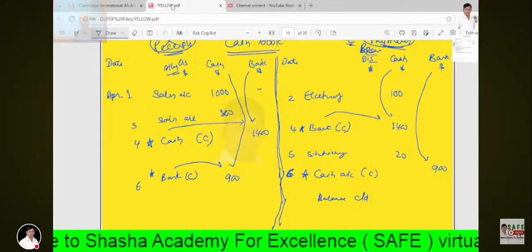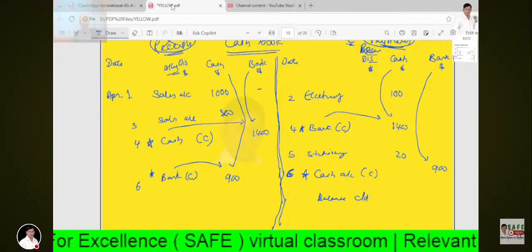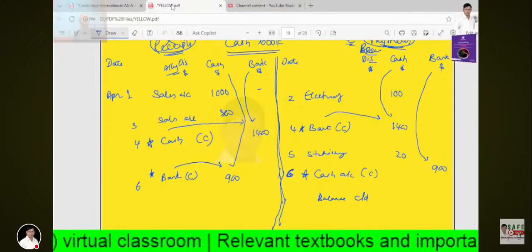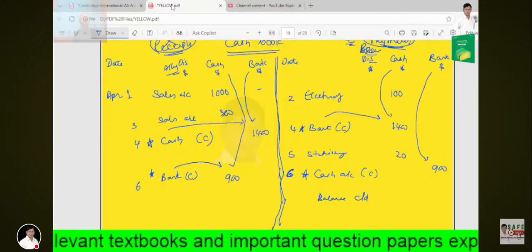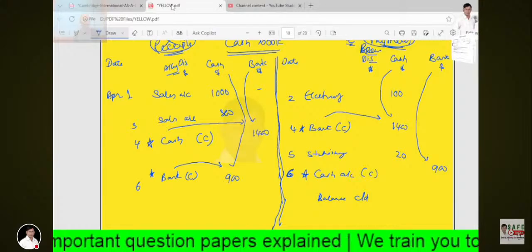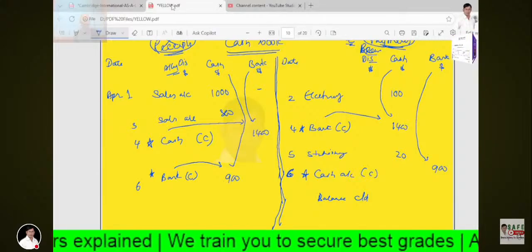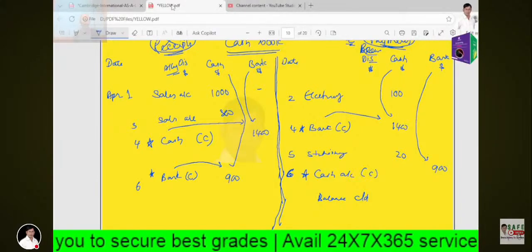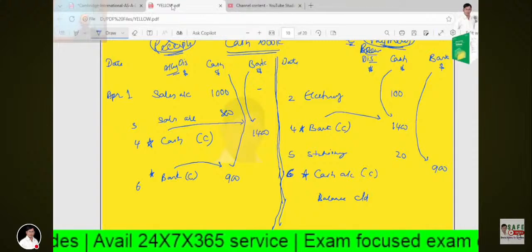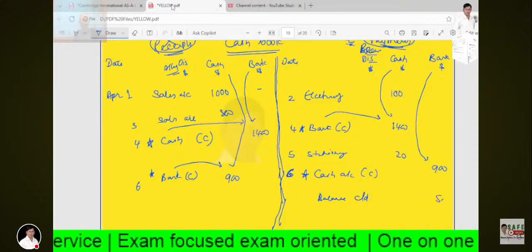So this side here is cash. What is the balance? Here on this side 1400, here it is 900. So 1400 minus 900 is 500. So we write here 500.